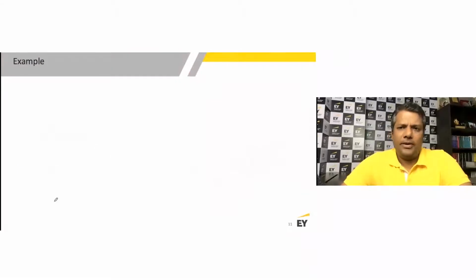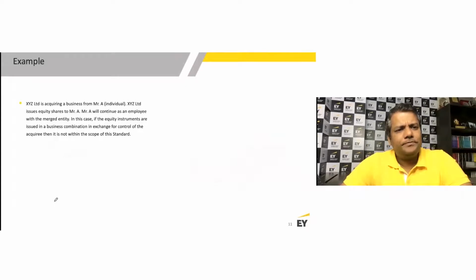All right. Let's take this example, and now we're going to deal with it. XYZ Limited is acquiring a business from Mr. A, an individual. XYZ Limited issues equity shares to Mr. A. Now, Mr. A will continue as an employee with the merged entity.